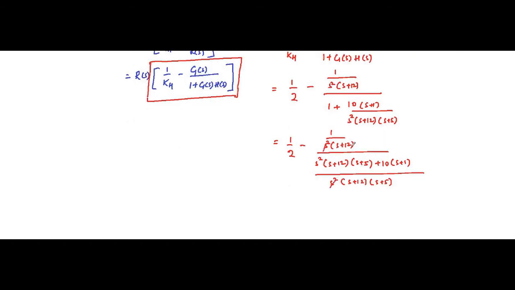Okay, so now see, s² gets cancelled, s+12 gets cancelled. This s+5 will go to the numerator. So this will become 1/2 minus (s+5) in the numerator, by s²(s+12)(s+5) + 10(s+1).